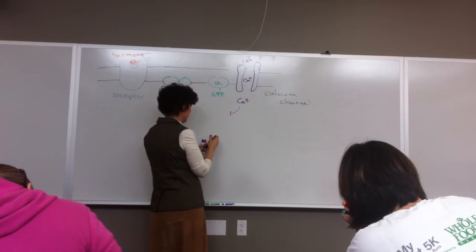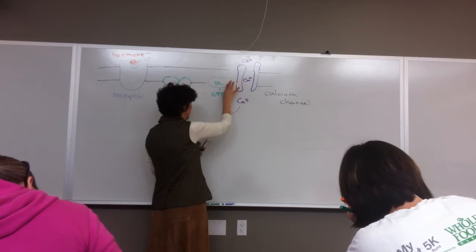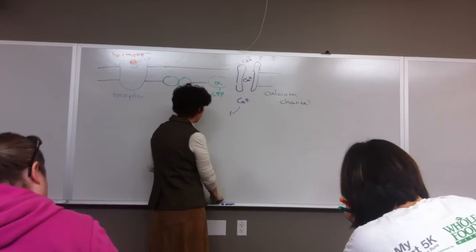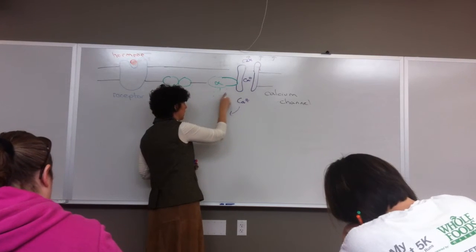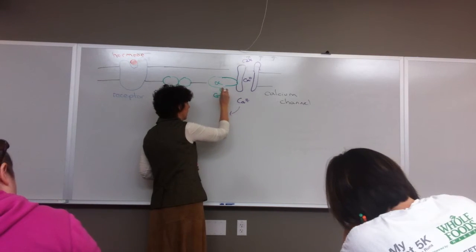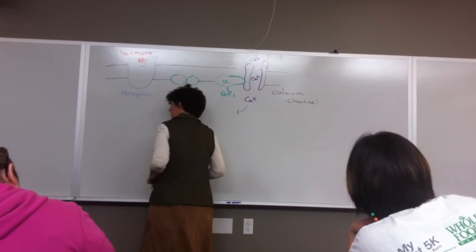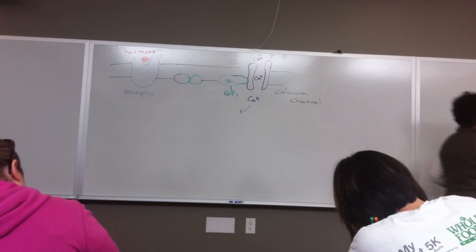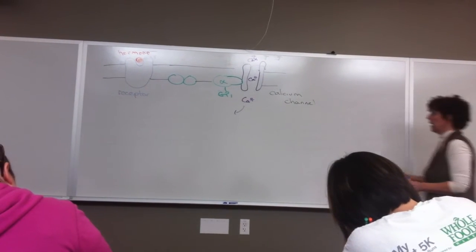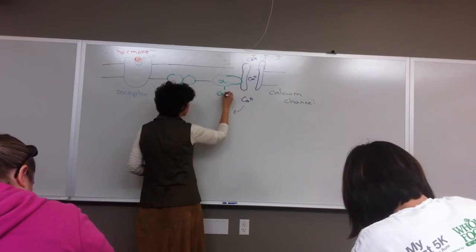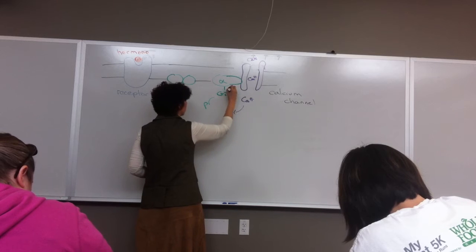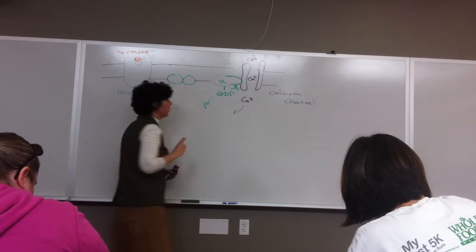So notice there was no enzyme that the alpha subunit had to directly affect. It just did this calcium channel opening directly. And energy.